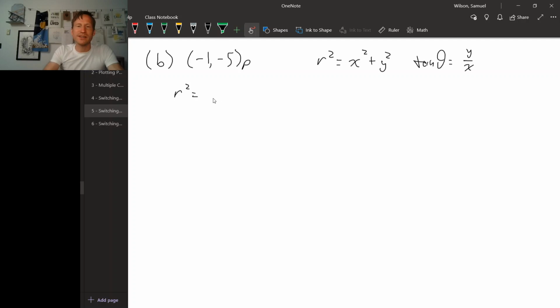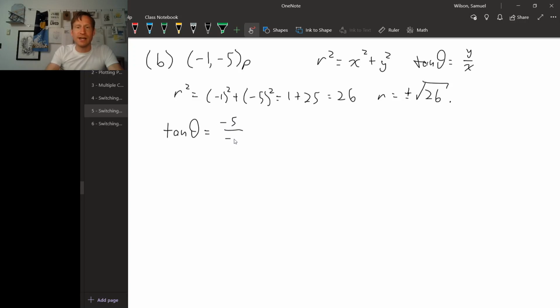So r squared is minus 1 squared plus minus 5 squared, so that's 1 plus 25, and that is 26. And so r is plus or minus the square root of 26. All right, now for our theta value, tangent of theta is y over x, so that's negative 5 over negative 1, and that's 5.